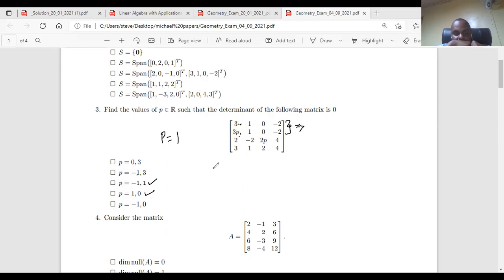Then we just do the determinants. So you do the determinant and check if it's going to give you a 0. It's gonna be a long one as it's a 4 by 4.